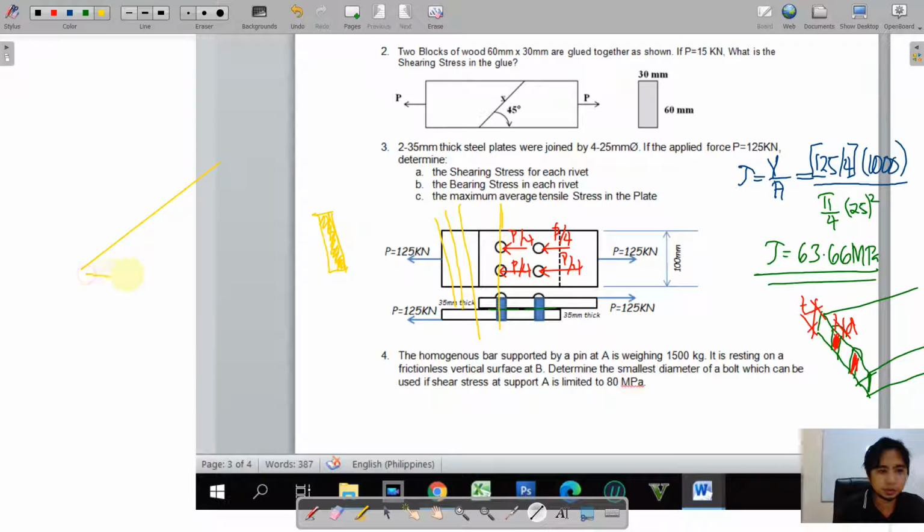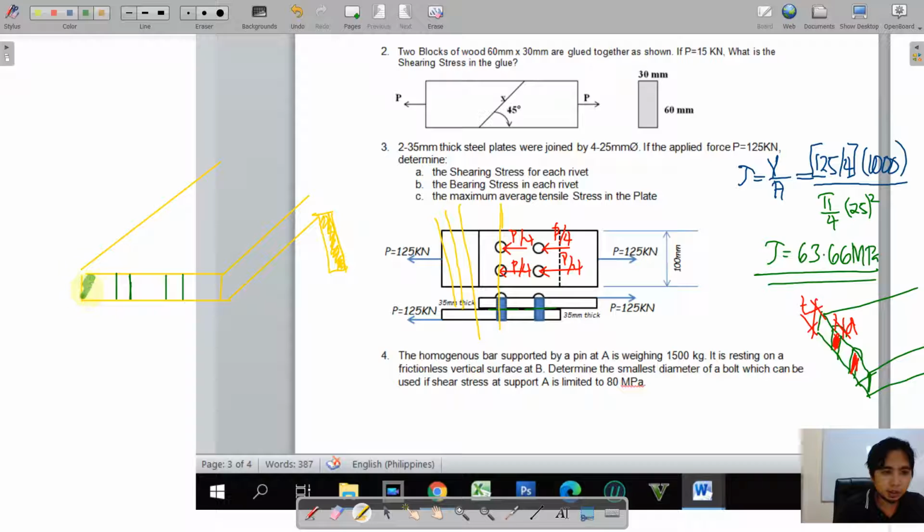So if this is the cross section, passing through that section, we'll be having a reduction or space here because of that rivet. So meaning the fiber that is being stretched is now reduced instead of a whole section.